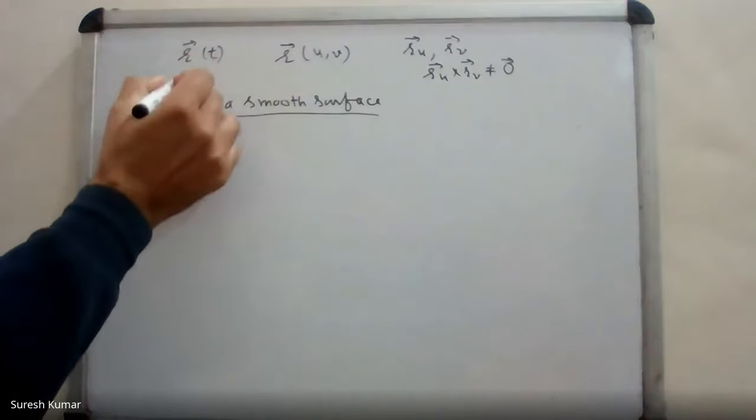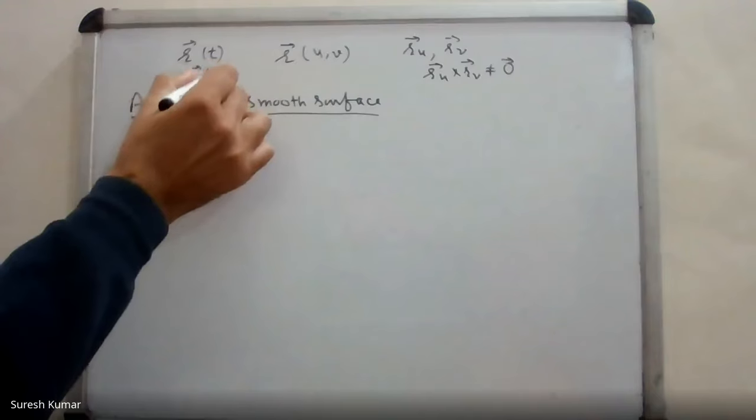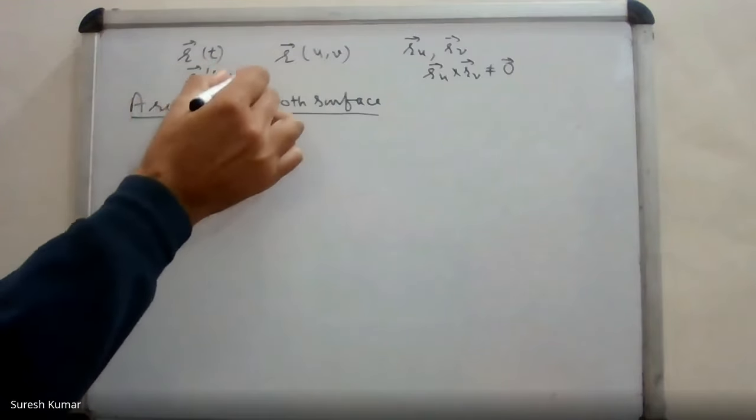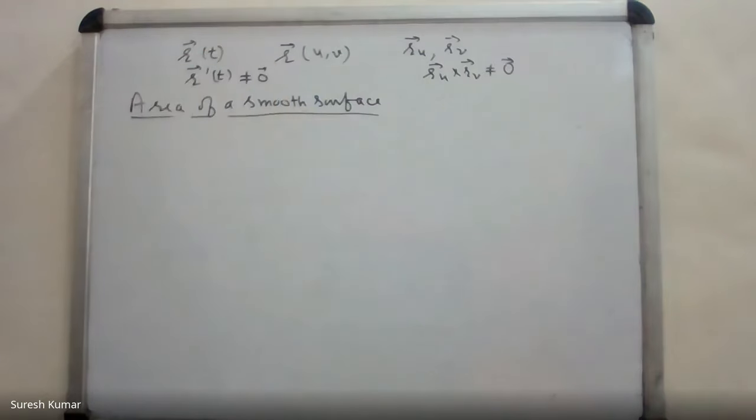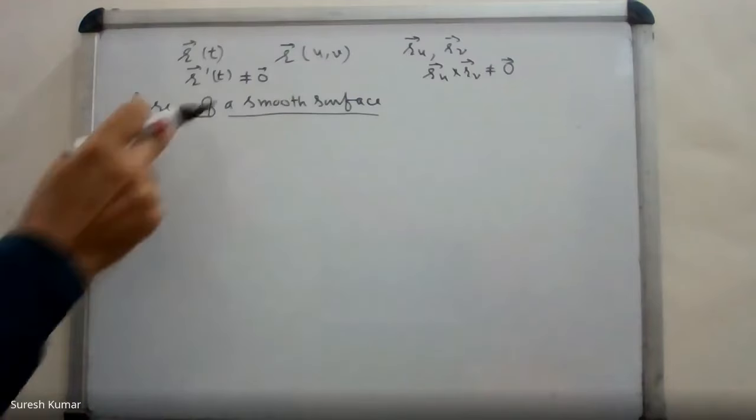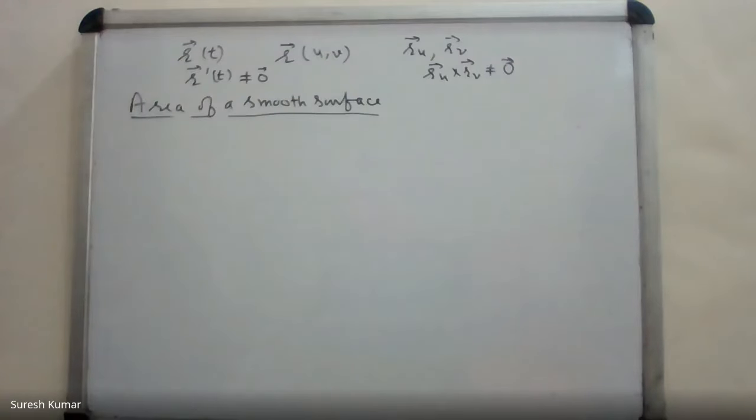Just like smoothness of a curve means r prime t is continuous and r prime t is non-zero, correct? So this ensures a continuous tangent vector to the curve at each point. So it's similar to this.